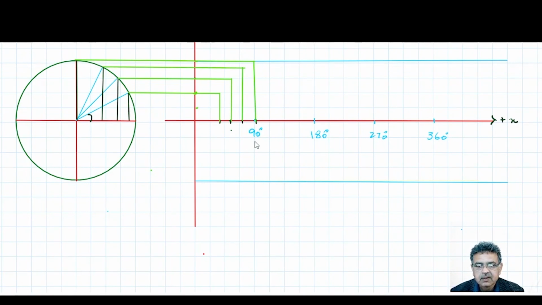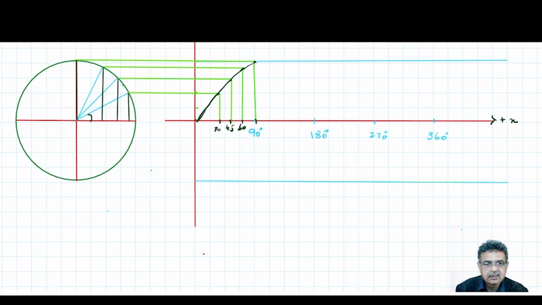So now if we join all these points, this one here, this is for 30, 45, and 60 degrees. If we join these points, we find it makes a kind of curve this way.